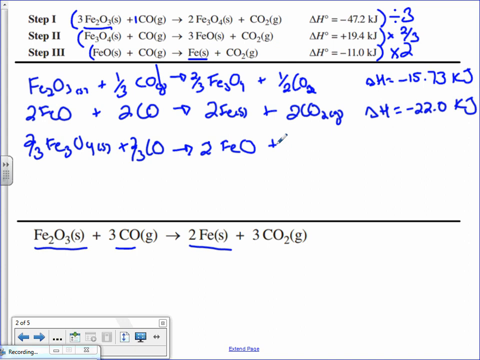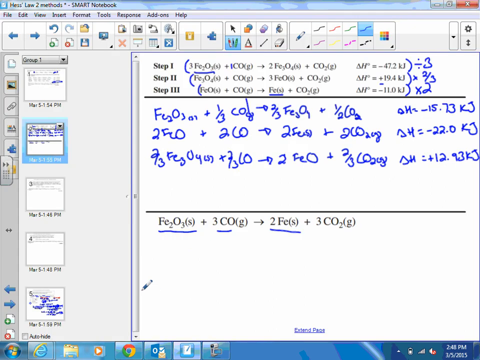And 2/3 CO2. 19.4 times 2 over 3 is going to give me, in this case it's positive, so we get positive 12.93 kilojoules. I didn't have to reverse any of my equations, so if we flip them, we change the sign of delta H, but I didn't have to do that for any of mine, so we can leave it as is. Now we can start canceling stuff out.